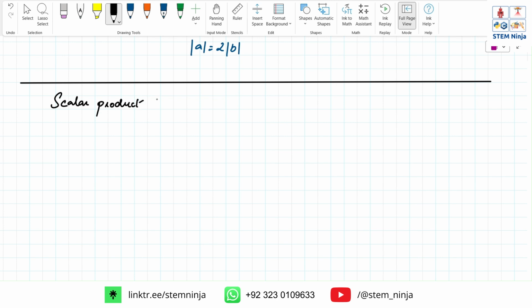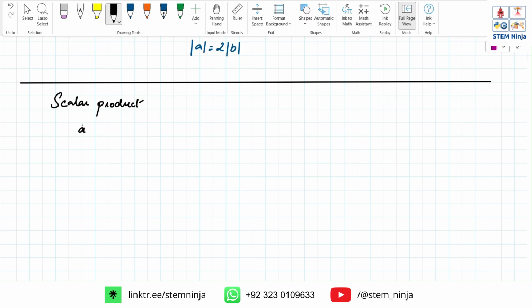This time we'll look at both column and the IJ format. So scalar product, again, as the name suggests, produces a product of two vectors where the product is a scalar, but we have to perform that in a very specific way.